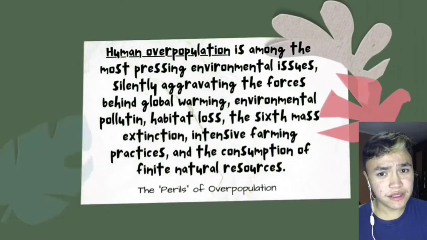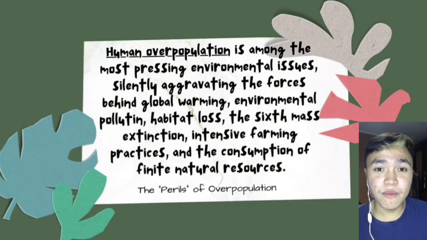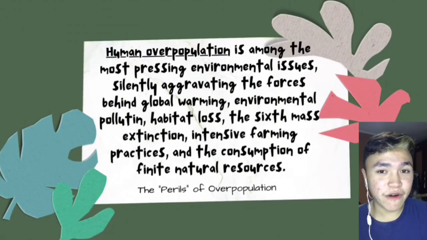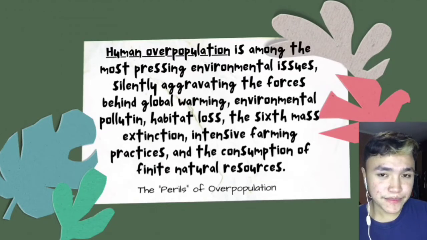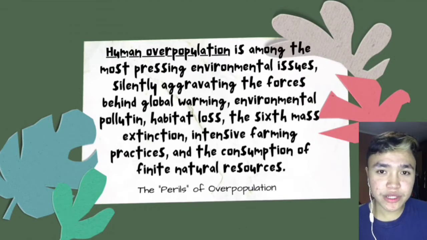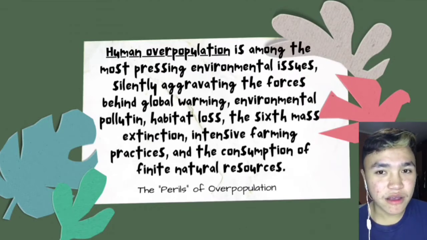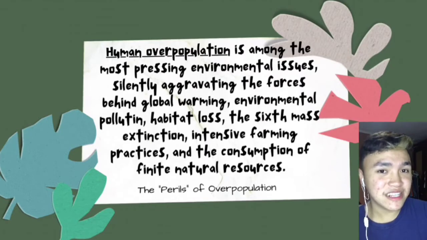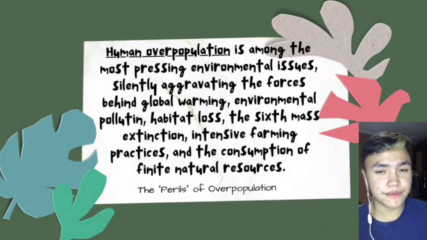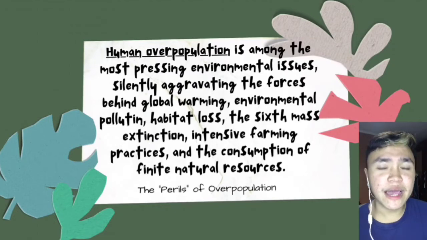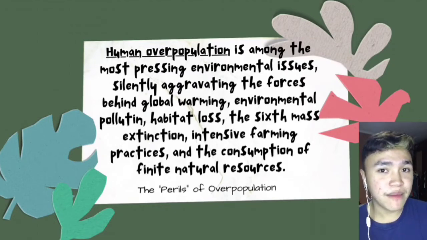In other words, human population is among the most pressing environmental issues, silently aggravating the forces behind global warming, environmental pollution, habitat loss, the sixth mass extinction, extensive farming practices, and the consumption of finite natural resources. The more people, the more damage will be brought. It is actually a man-made issue.